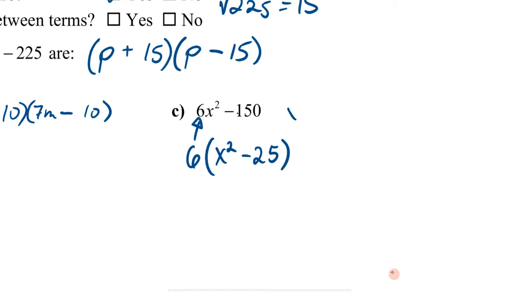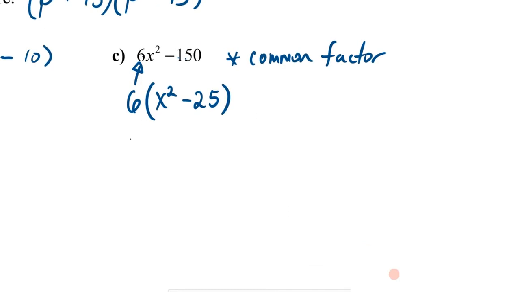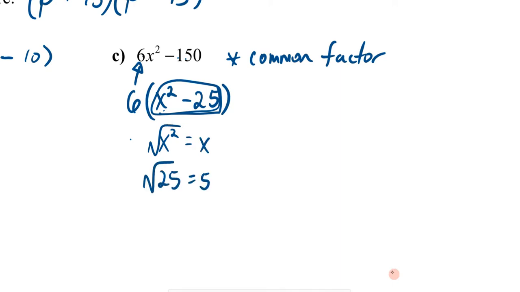That's what we're going to do first: common factor. Okay, and then x squared minus 25, that's my difference of squares. If you notice, the square root of x squared is equal to x, and the square root of 25 is equal to 5. And there's a minus sign in between.